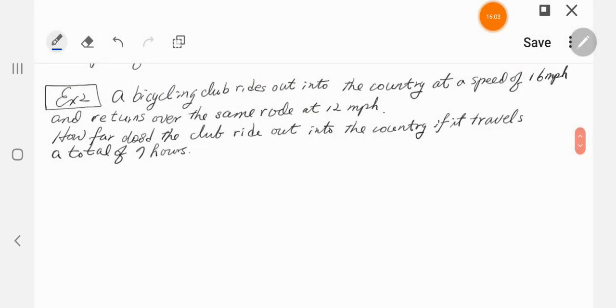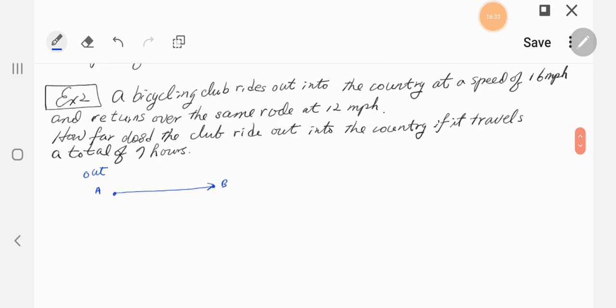Okay, example 2. A bicycling club rides out into the country at a speed of 60 miles per hour and returns the same distance at 12 miles per hour. So let's say from location A to B, so when you go from A to B, going out into the country and returns.